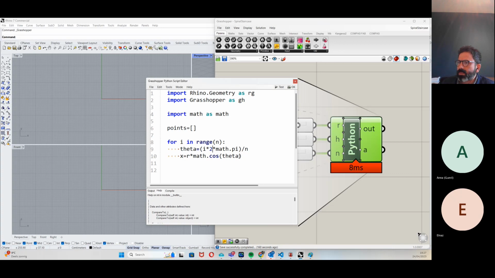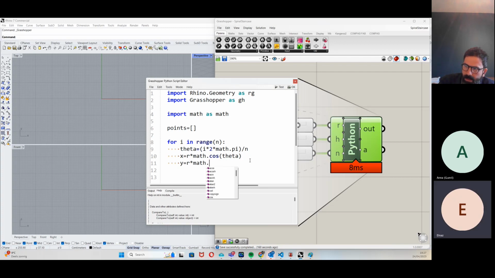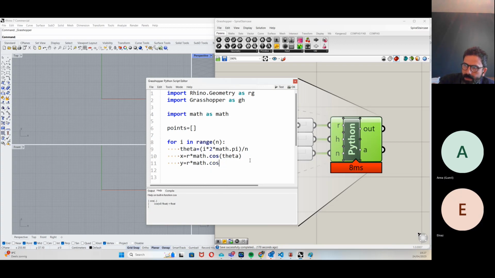Okay, let's not bother with this today. Y equals R times math dot, oh no, yes, thank you, sine of theta.